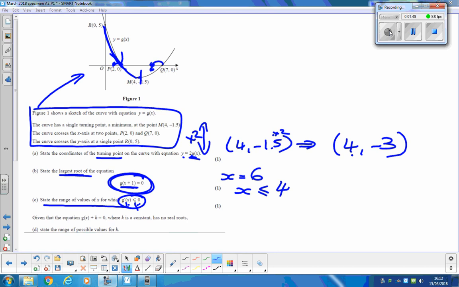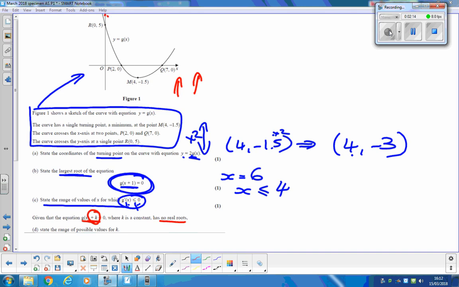And the last bit, I'll change colour because my graph's getting a mess. What it's going to say here is, we're going to add k to it so it's got no real roots. Well, adding k to this is going to move the graph up. And if I'm going to move the graph up so it's got no real roots, that means it's not going to touch the axis at all.